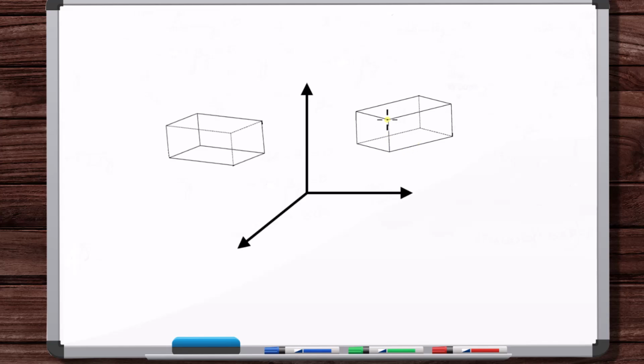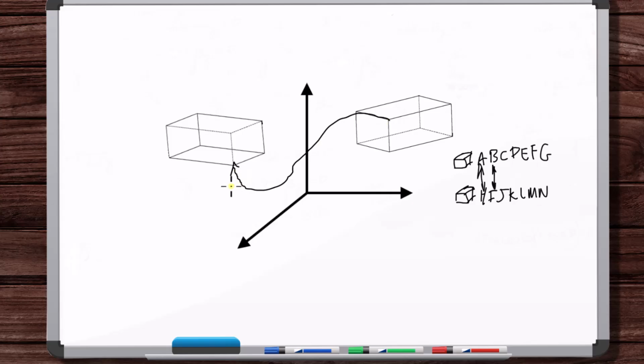Let's say you call this rectangular prism A, B, C, D, E, F, G, and that has been transformed into another rectangular prism with new letters, H, I, J, K, L, M, N. You want to make sure you line it up correctly, like A corresponds to H, B corresponds to I. If I was doing this more officially, I'd want to keep track of which vertex matches up with the vertex on the transformed figure.